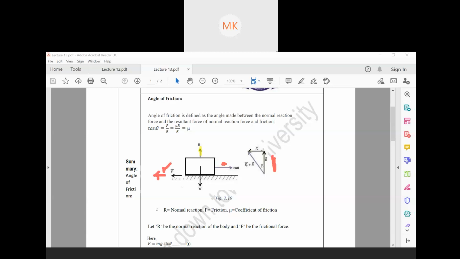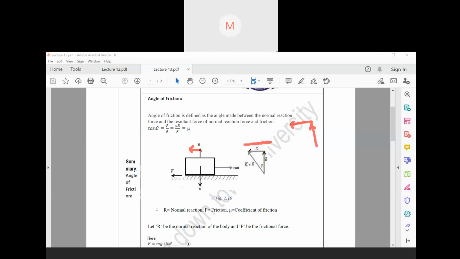So we have written the R like this, and we can draw the frictional force in this manner. Here, this and this are the same. Then there is R here and the frictional force here.